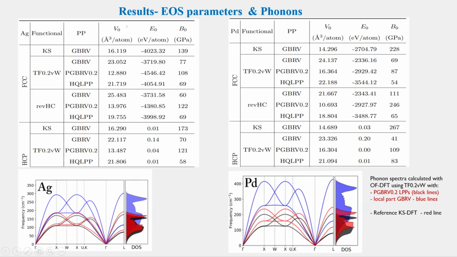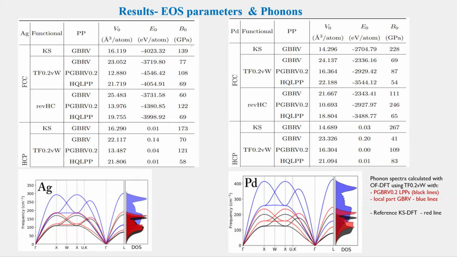Looking at the table, this is for silver, our reference actually is the Kohn-Sham GBRV. This is the Kohn-Sham result. And then comparing with this, we found that our new pseudopotential gives a better result compared to other pseudopotentials.